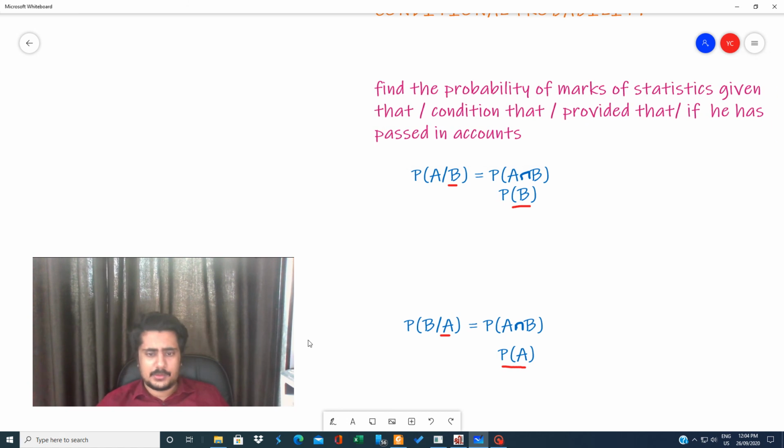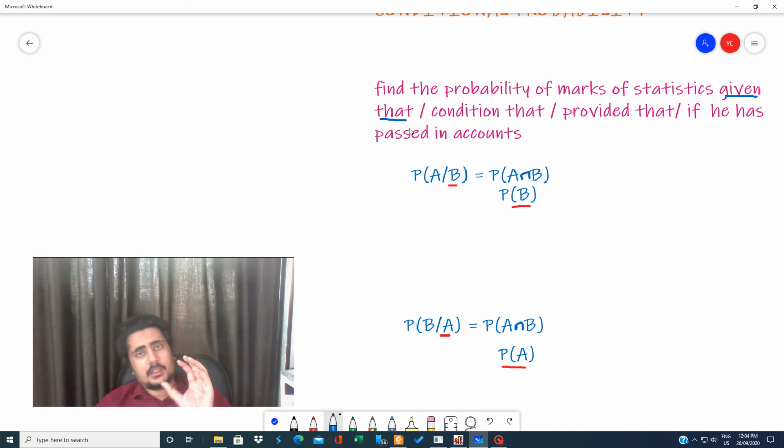Almost 90% of the words I have written; these four words are the only ones, except maybe one or two others I use. But in your textbook, these words are there. If your question states "given that", you have to understand that this sum is related to conditional probability. Words like condition that, provided that, if: these are the words you have to follow from the question.